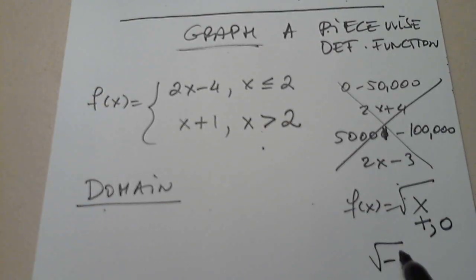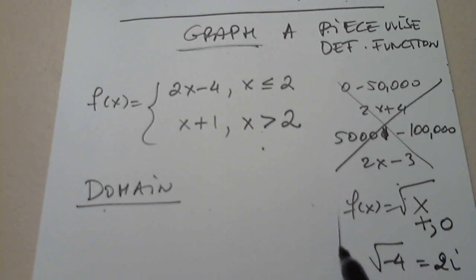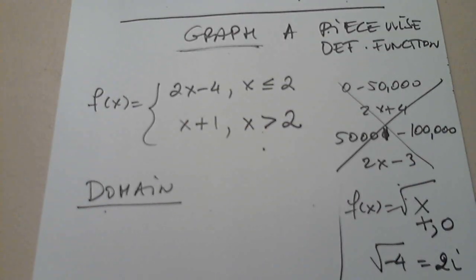Because the square root of negative 4 is 2i. It's not a real number. So every function has a domain or different restrictions, who knows? So I need to know what I'm looking at.